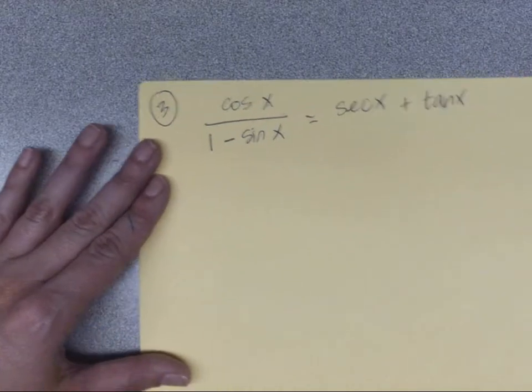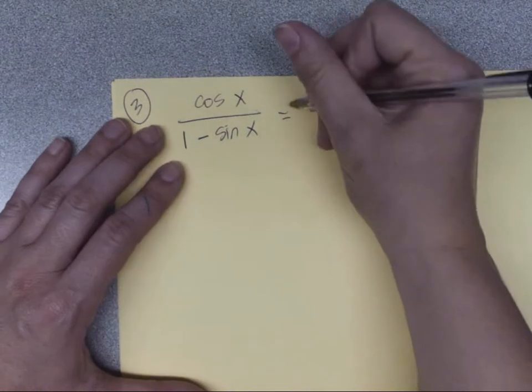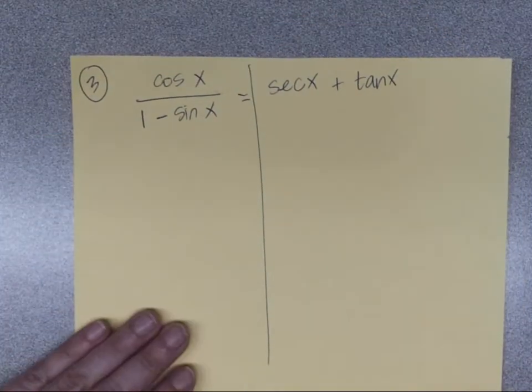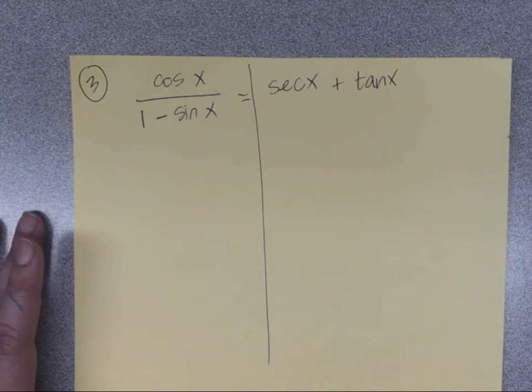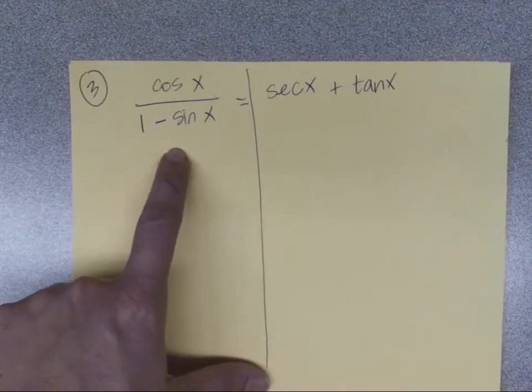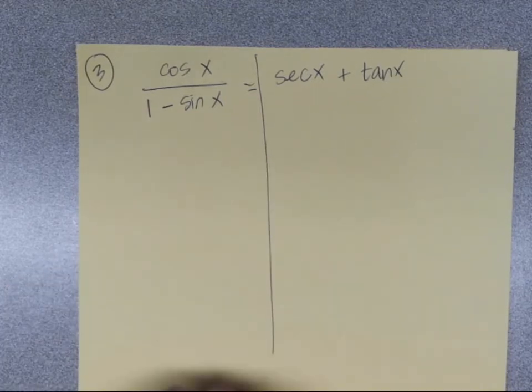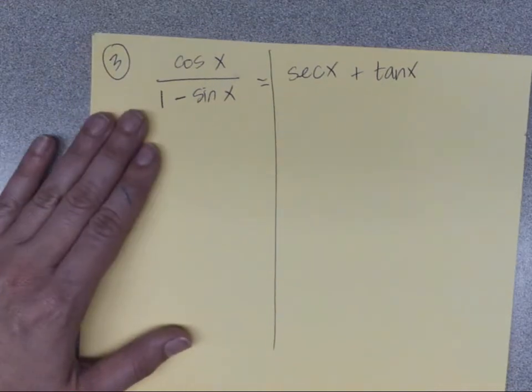Okay, so for this problem, again, we've got 2 sides here. I need to make one side look like the other. I think you could actually work this one out either way. I'm actually going to start on the left-hand side. You can do it the other way also if you want to. I'm going to start here just so I can show you something.